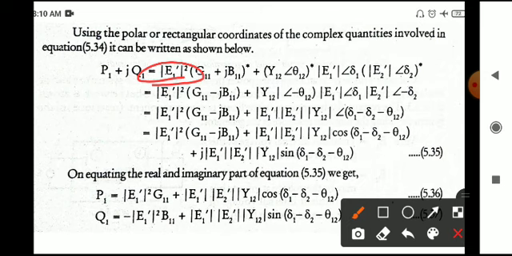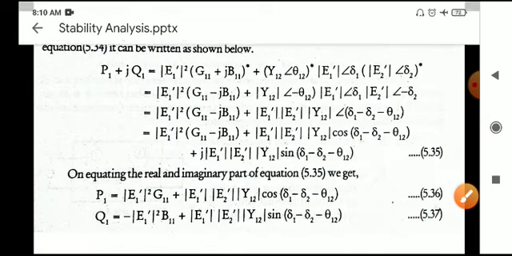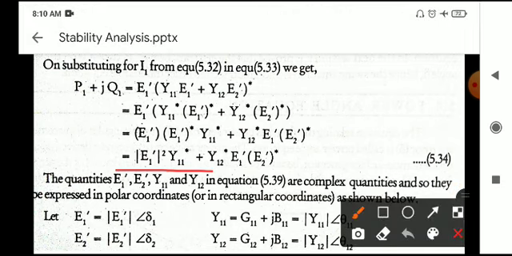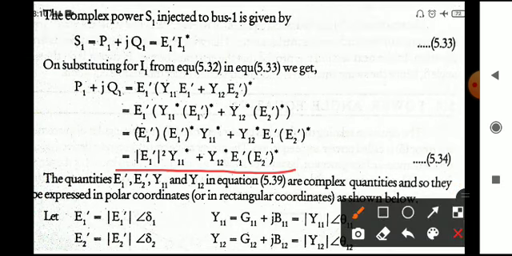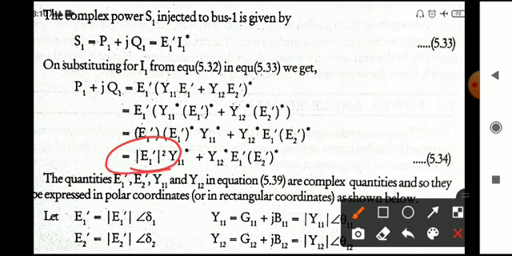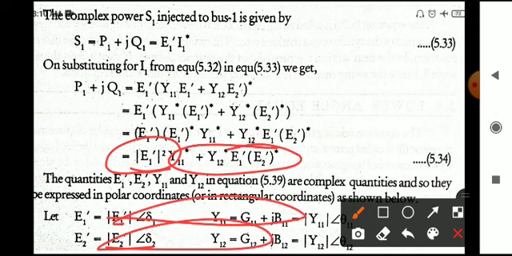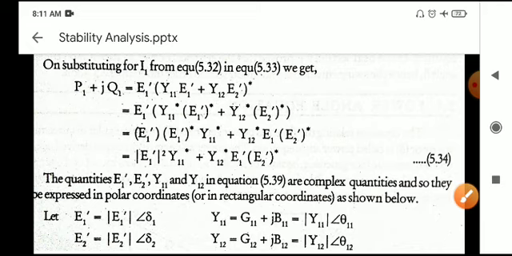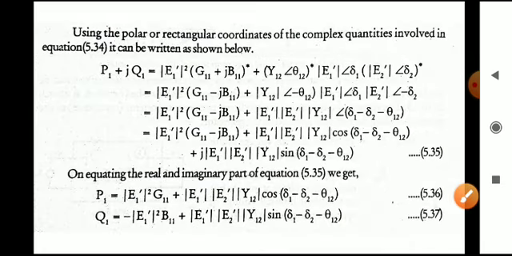So that is all the terms in the previous equation, that is E1' square into Y11 conjugate plus Y12 conjugate into E1' into E2' conjugate. All these terms are written in terms of polar and rectangular coordinates. Here E1' square is already a magnitude value, so we are not changing it, and for all other quantities we substitute polar or rectangular coordinates, and thereby we get that equation.